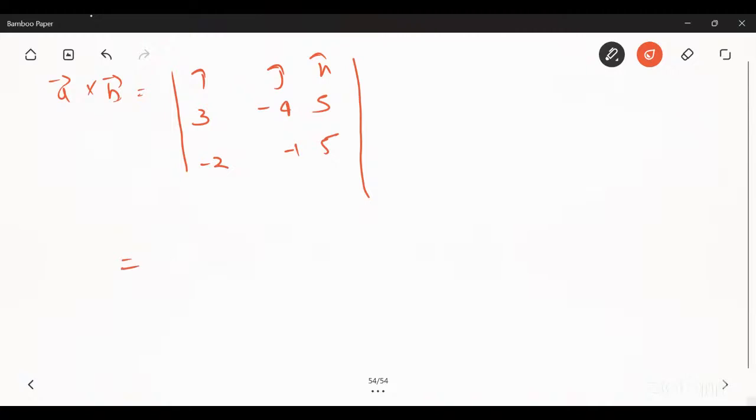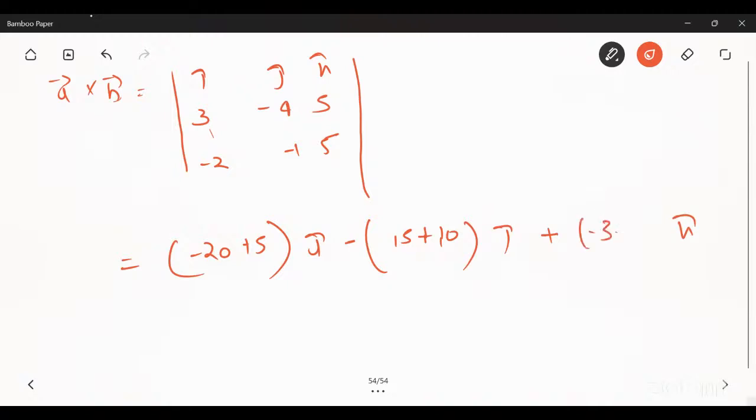Now write i cap, skipping the ith column and ith row, so you will get minus 20 plus 5, minus j cap, 15 plus 10, plus k cap, 3 into minus 1 minus minus 2 into minus 4, minus 3 minus 8.